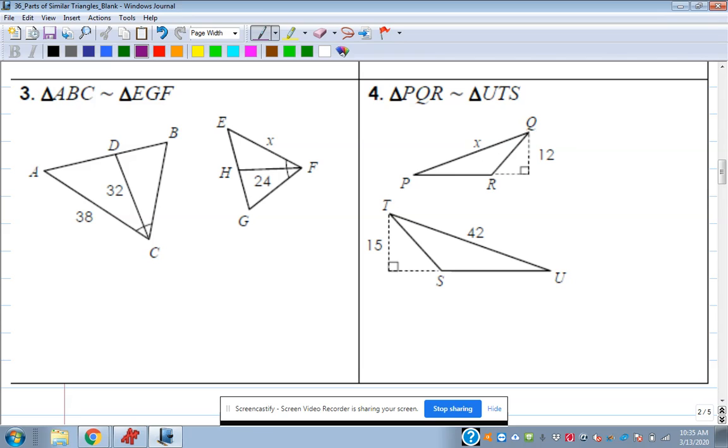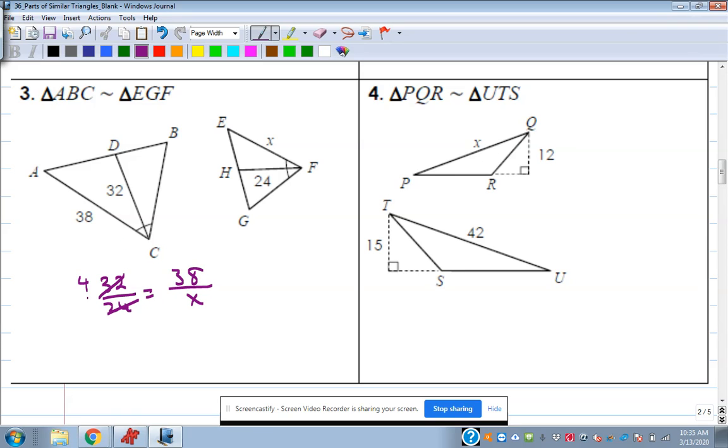All right, so number 3. Those are angle bisectors. That's nice to know. So 32 over 24 and 38 over x. Side AC goes with EF, and that's the ratio. If you do 32 over 24, you've got to do 38 over x.